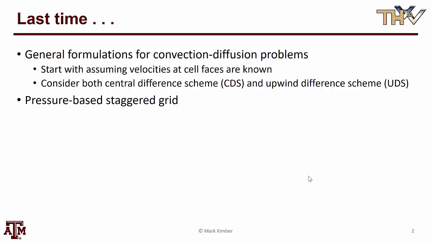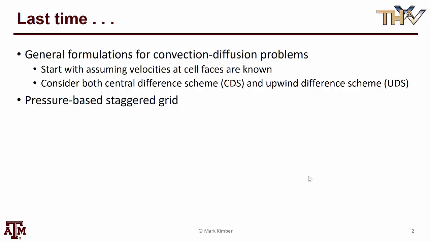We discussed central difference scheme, upwind difference schemes, beginning with a flow field that we knew, and we recognized the difficulty lies in the fact that in the momentum equations, we need to evaluate pressures at the cell faces, and in the conservation of mass in the continuity equation we need to evaluate velocities at those faces.